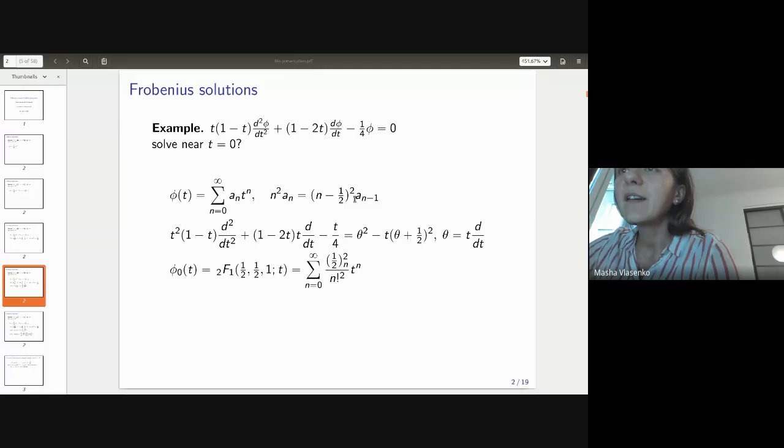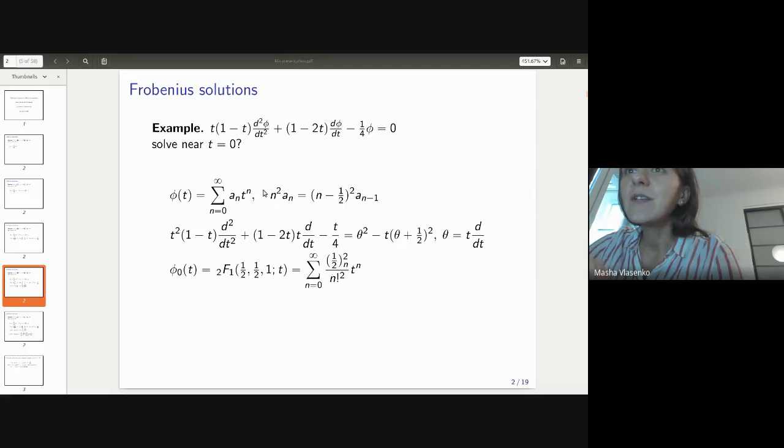Also, looking at the recurrence, we can see that there is a unique power series solution up to rescaling by a constant. This is because if the previous coefficient was 0, then the next one can be non-zero only if this n is 0. So it shows us that the solution has order 0 in t. It does not vanish at t equals 0.